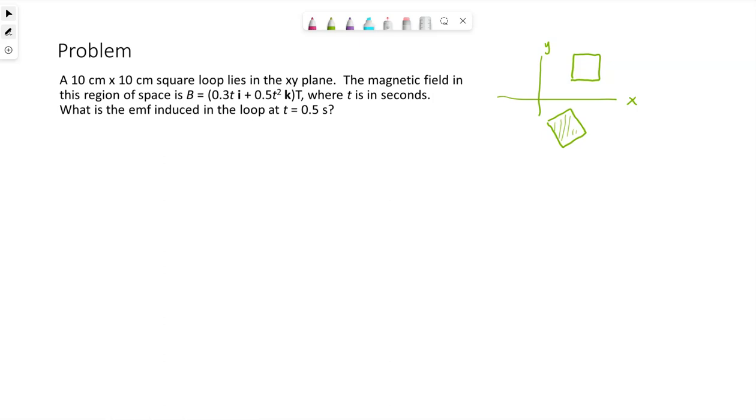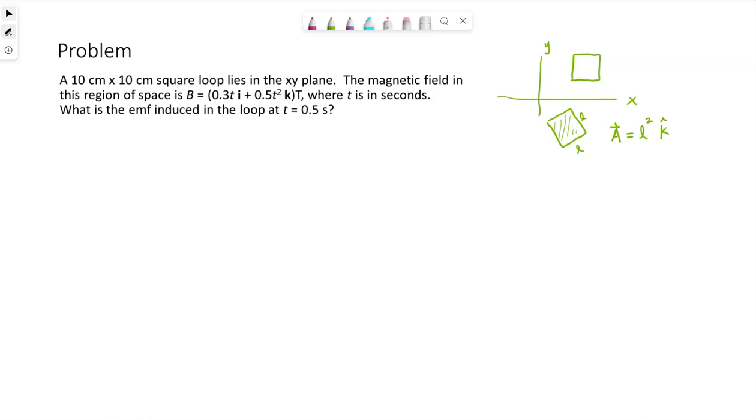With that being the case, that means the area vector, the area would be each side squared. So if I called each side an L, which we know is 10 centimeters, the magnitude of this area would be L squared. The direction would be normal to that surface. So k hat coming out at us, or negative k hat would work as well.